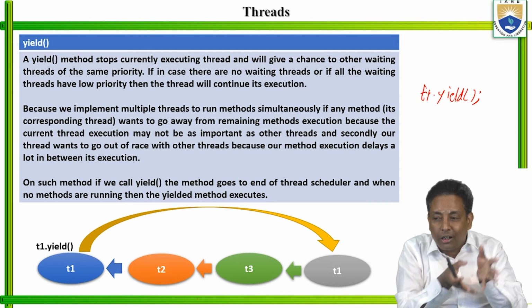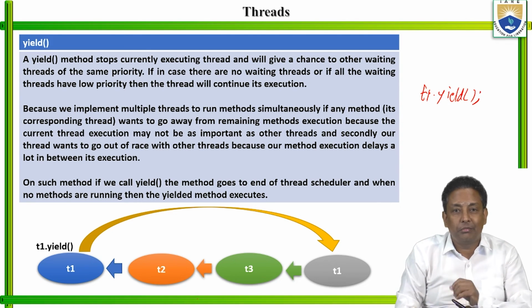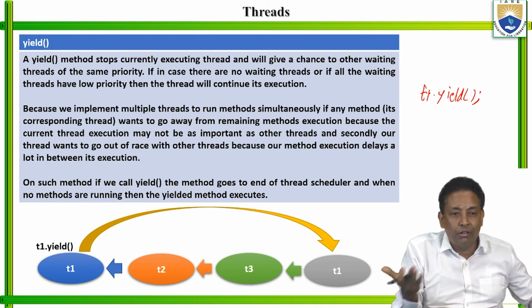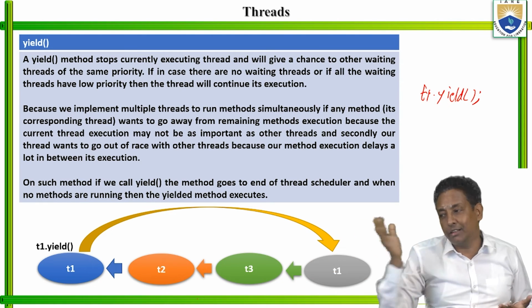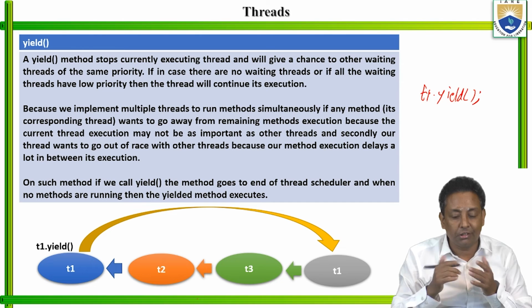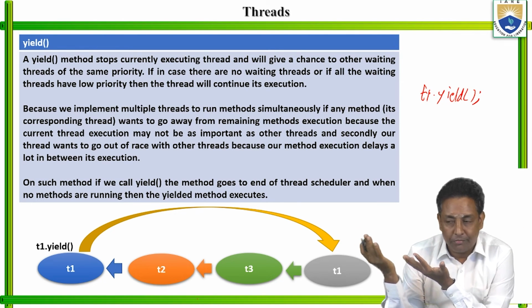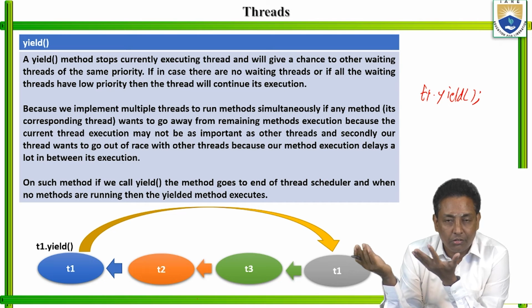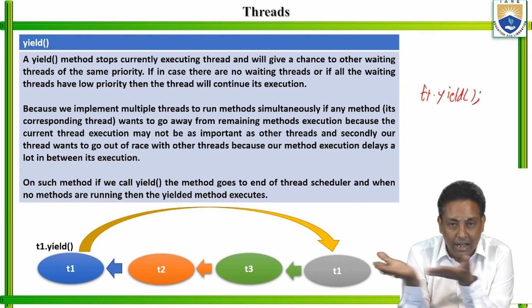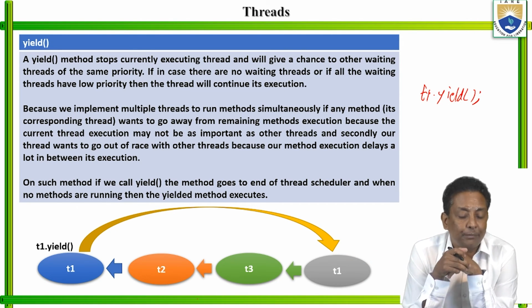Because people don't allow you to join in the middle again. Because you left the queue, you have to go to the end and come back in the sequence. That is what we generally do in banks or anywhere we go, when we are standing in the queue.